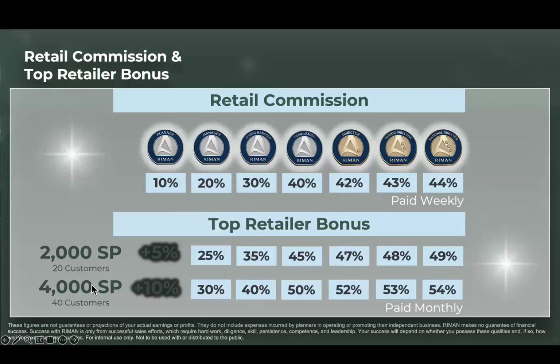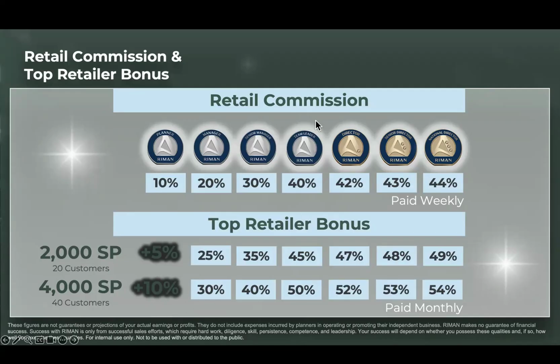Now, these 40 customers, they all don't have to order. It's just at some point, one of your customers just needed to open up a free account to show you do have customers willing to buy. And amongst any one of those 40 accounts, as long as you can accrue 4,000 SP in sales, it's going to bump up another 5%, making it an additional 10% on top of your retail sales.